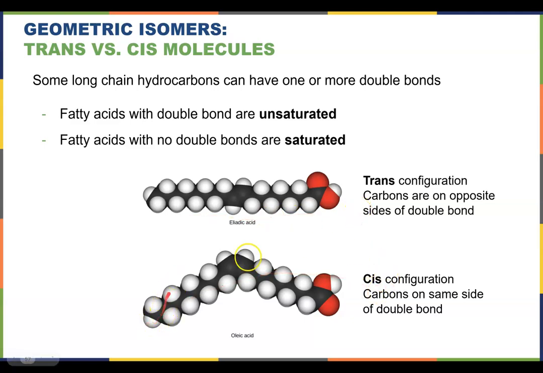This is a cis fat, nice and bent. Cis fats are better for us. Trans fats are not because they can compact. Notice if we put a bunch of these together, the cis fats are not going to compact. But this would be a good example of those things. And we're going to get more into that next week when we talk about biomolecules. But this is a long hydrocarbon chain, and I just wanted to show you what that looked like in a bigger setting.